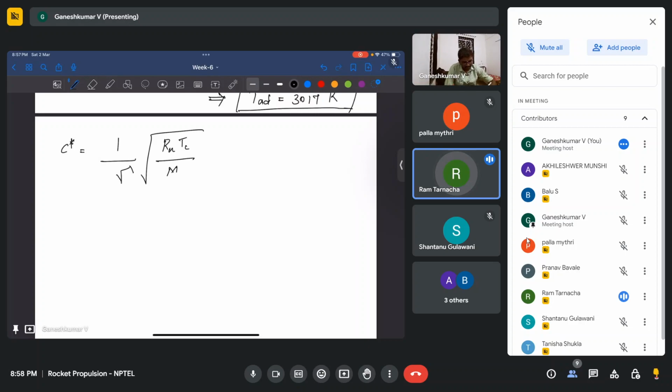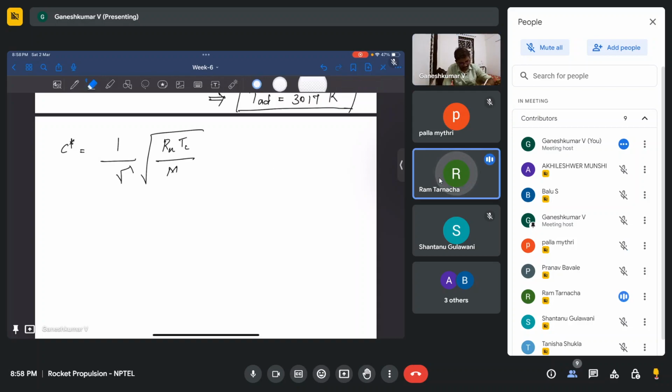Gamma here is the small gamma, the ratio of specific heats. So you need to find the gamma of the mixture, the product mixture, and only after that will you be able to find the C star. So how will you find gamma of the mixture?